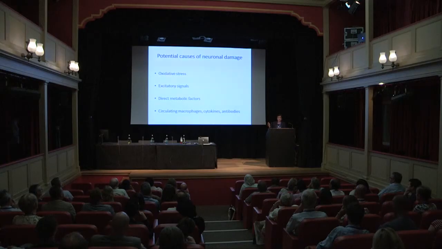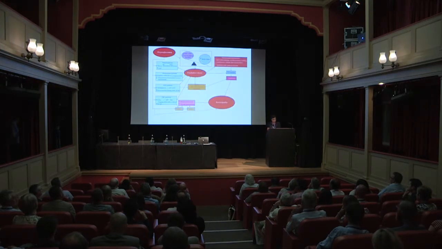The explanations given are, again, oxidative stress or excitatory signals from the nerve, the abnormal neuronal dysfunction, or direct metabolic factors due to hyperglycemia, or all these causing increased cytokines or increased inflammatory markers. These are examples of how complicated oxidative stress can be in patients with diabetes.